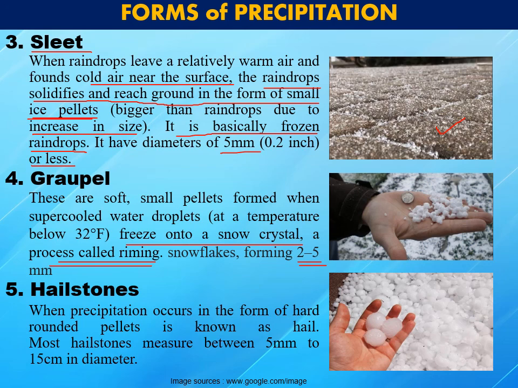The freezing occurs far before reaching close to the Earth's surface. And hailstones occur much higher in the atmosphere near the clouds. At this time, due to sudden cooling, ice crystals form, and with time they increase their size and ultimately come to the earth's surface as hailstones having 5 millimeter to often 15 centimeter in diameter.